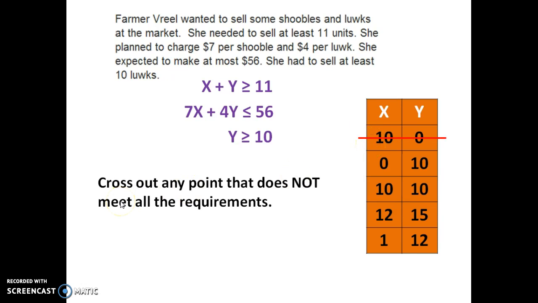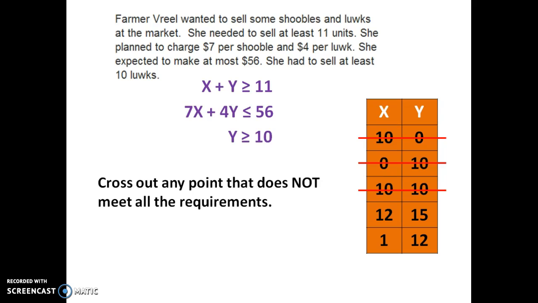So we can cross that out. 0 plus 10, also not greater than or equal to 11. 10 plus 10, well, that's greater than or equal to 11. But then when we get to our second equation and we take 7 times 10, we get 70, plus 4 times 10, which is 40. So 70 plus 40 is 110. That is not less than or equal to 56.